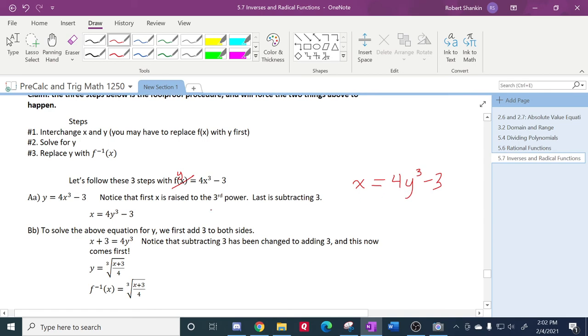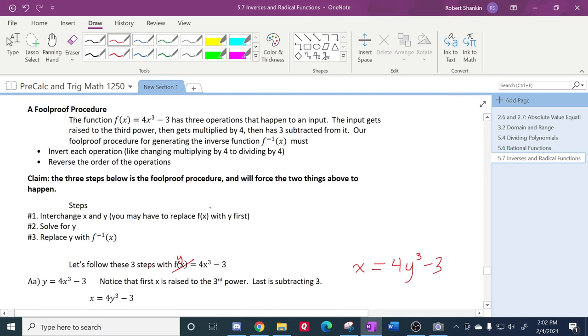So how do I solve this for y? Now, notice, way back here, if I told you that x was 2 and I asked you to find f of 2, the very last thing you would do is subtract 3. Because you'd take 2 cubed and multiply it by 4, and the last thing you would do is subtract 3.